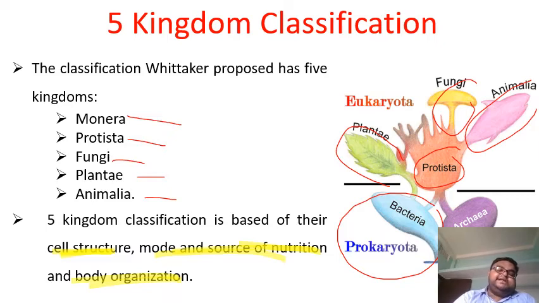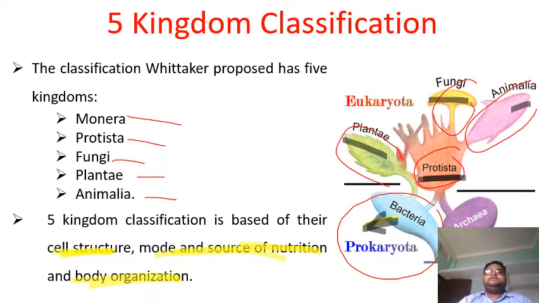As a result, these bacteria will not have any predefined nucleus, so they come under Monera. Now let's see Protista. Protista belongs to eukaryotes, so these organisms will have a well-defined nucleus. According to the mode and source of nutrition and the body organization, we can see Plantae, Fungi, and Animalia. Yes, students, done. Now let's proceed ahead.